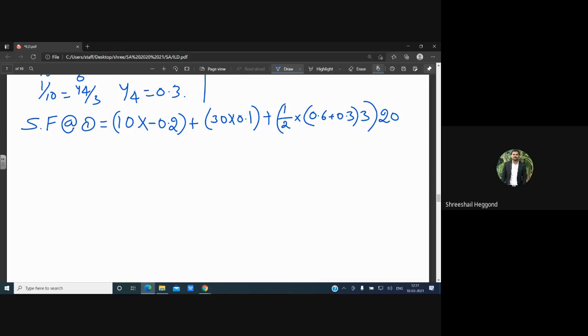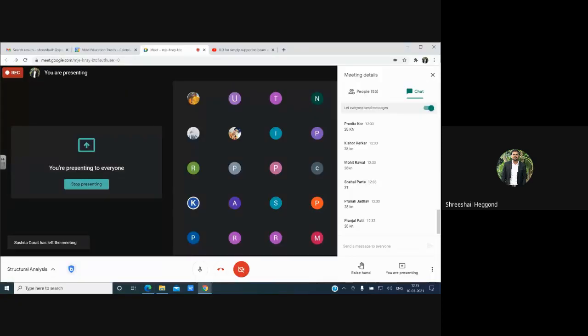Therefore, the value of shear force at D can be calculated.